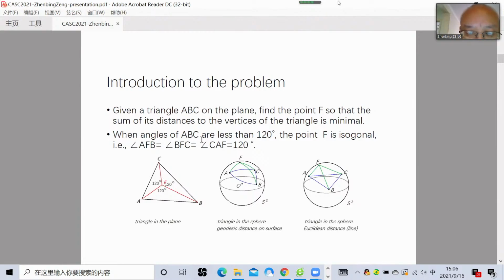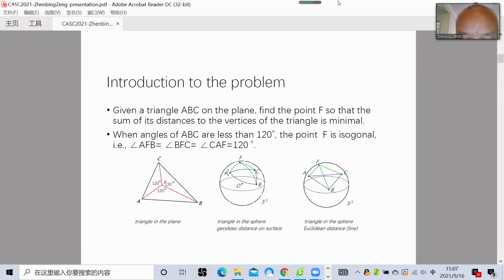This is the condition. If all angles of triangle ABC are less than 120 degrees, then F is inside the triangle, and is called the isogonal point. A similar problem was discussed for the sphere.